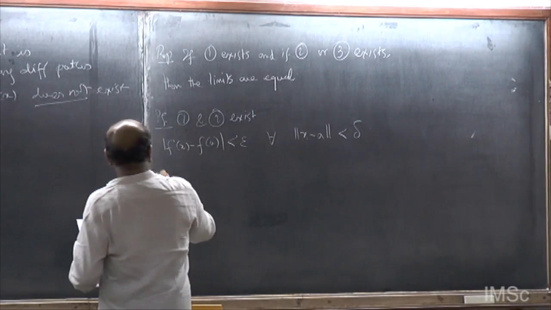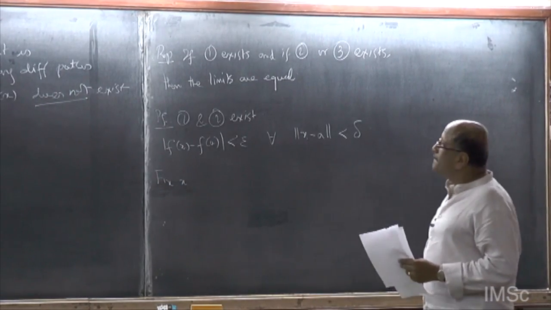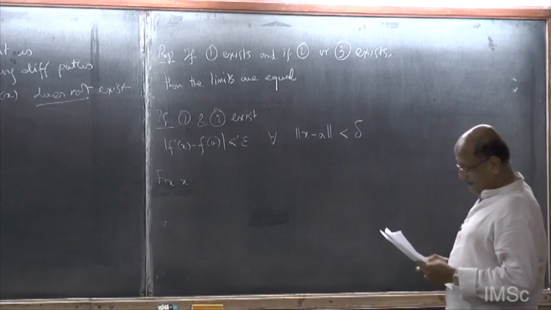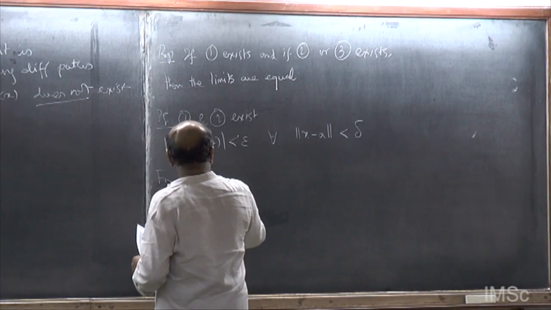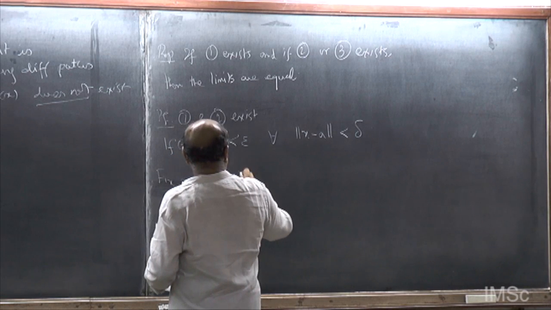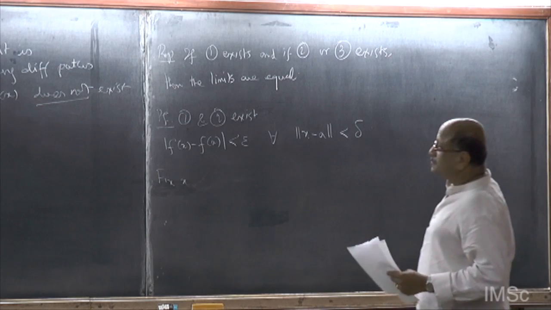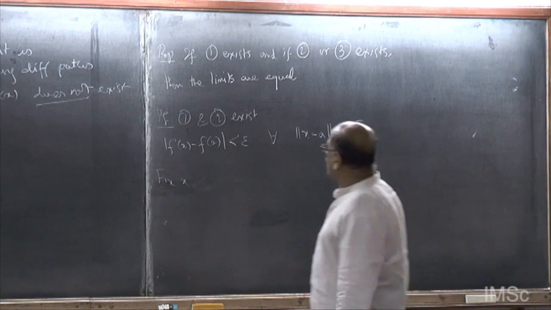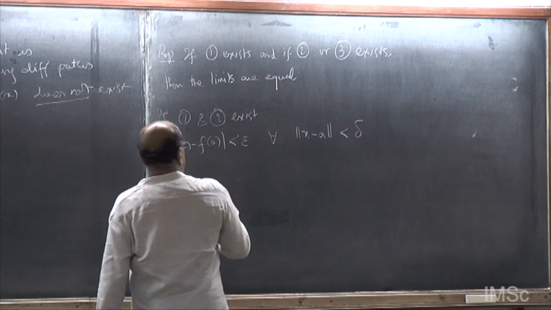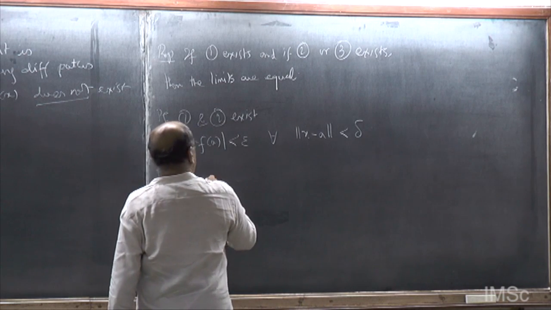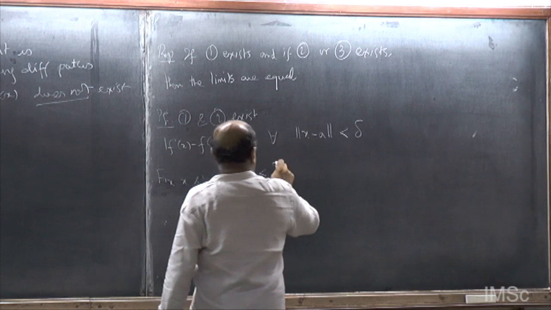Now fix x such that mod x1 minus a1 is less than delta.